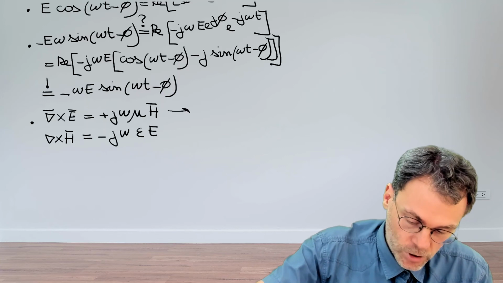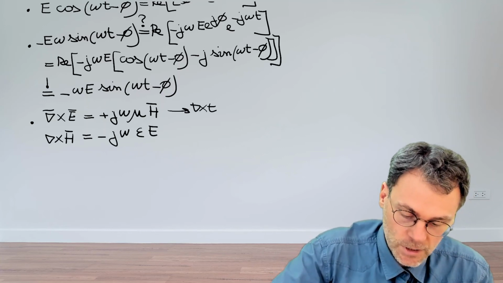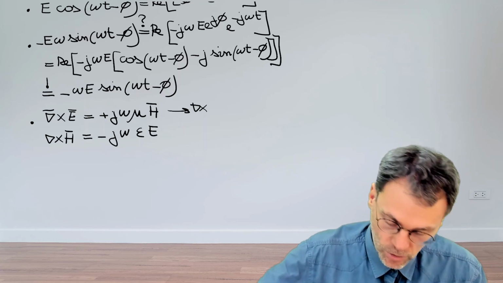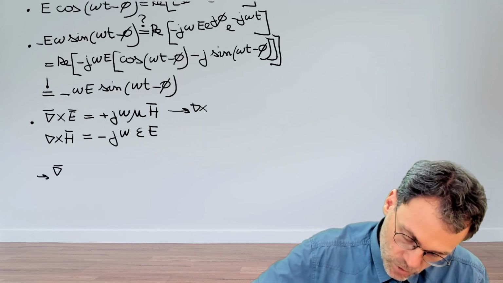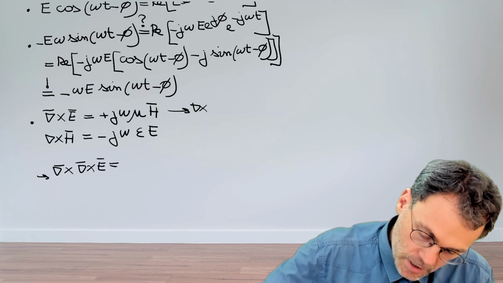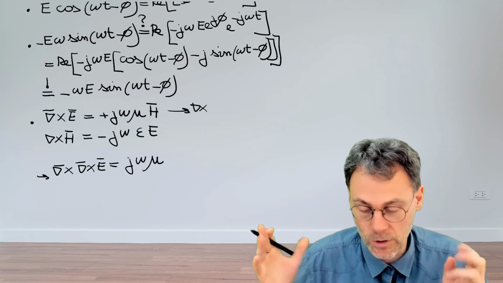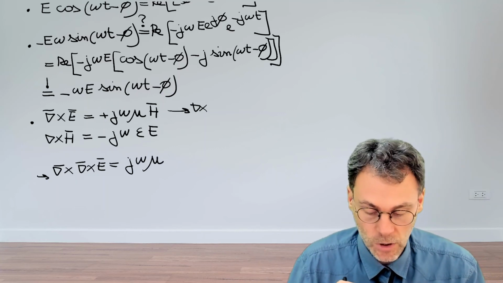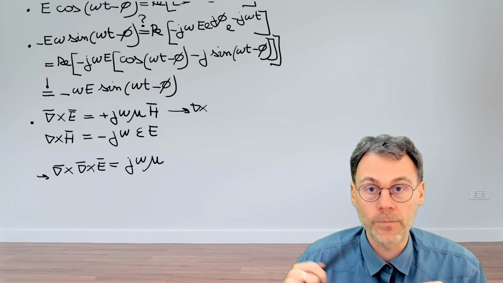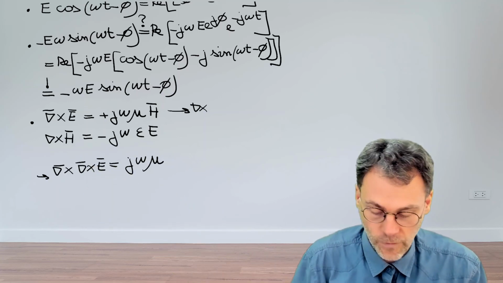So just like before, we're going to take the curl of the first equation and then see what happens. So if we take the curl of the first equation, we have curl of curl of the electric field equal to j omega mu, and just assuming here that epsilon and mu are constant, uniform media, then we have curl of H, but the second equation tells us what curl of H is.